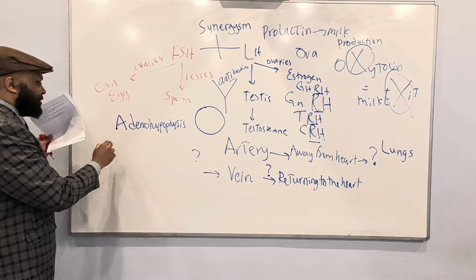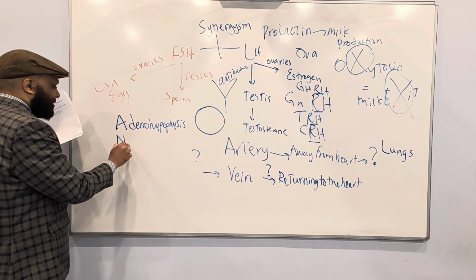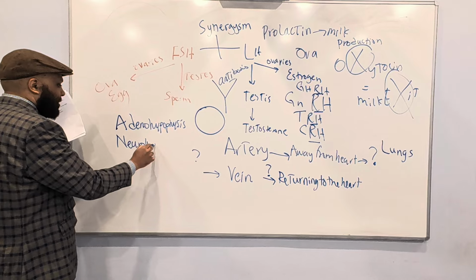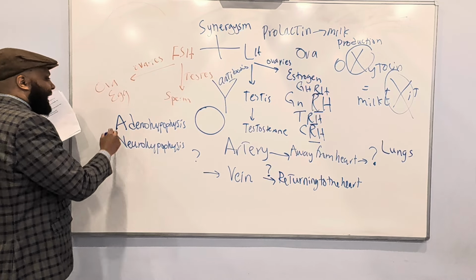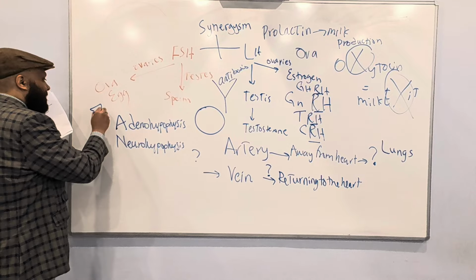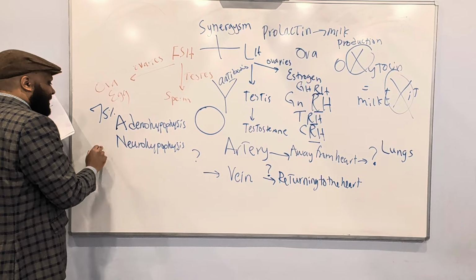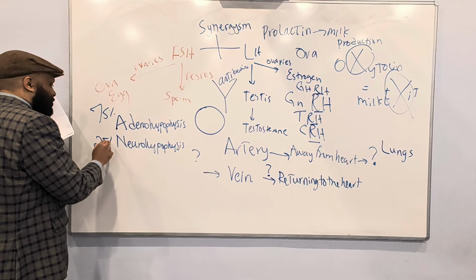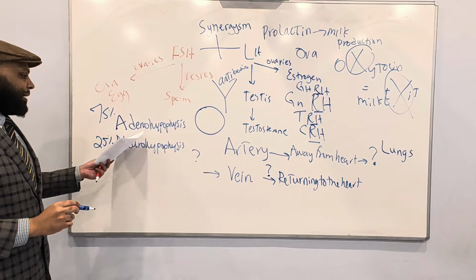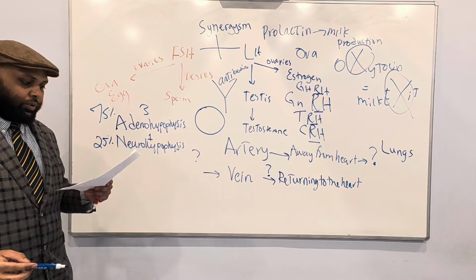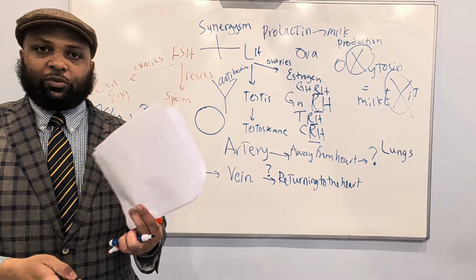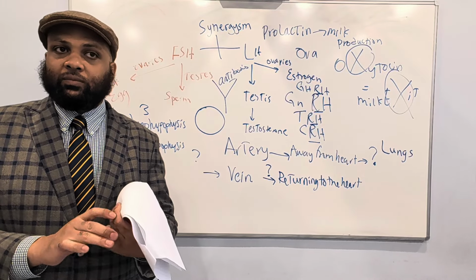And the posterior pituitary is known as the neurohypophysis. The adenohypophysis is much bigger, it's like 75% big, and the neurohypophysis is 25% big. So that means this one is 3 times as big as the neurohypophysis, the posterior pituitary. Any questions?